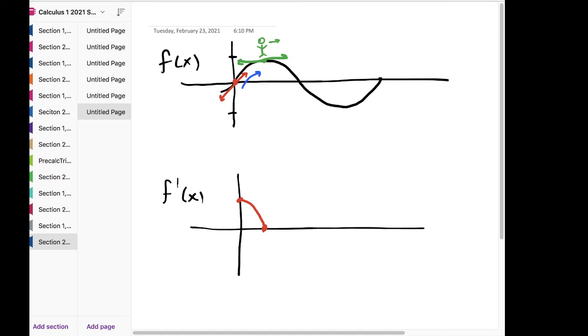Now what happens when you start rolling back down? What is the derivative? What's happening to the derivative?